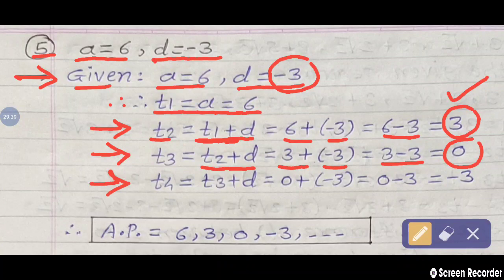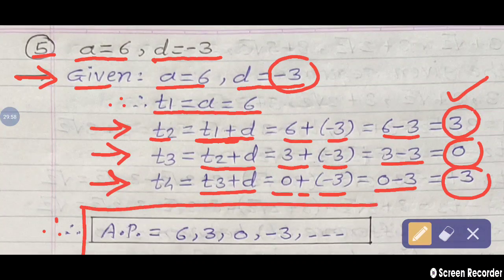And one more term we find out, T4. T4 is equal to T3 plus common difference. So our third term is 0 plus common difference minus 3, plus of minus is minus. So 0 minus 3, the answer is minus 3. And finally, we write the answer. Therefore, AP is equal to: first term is 6, second term is 3, third term is 0, and fourth term is minus 3, and so on.